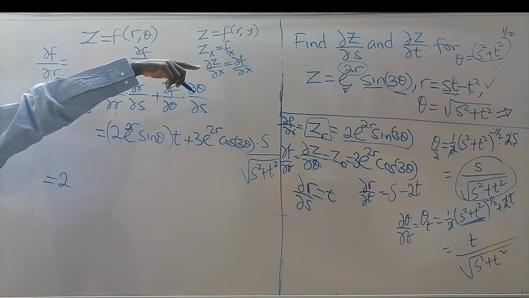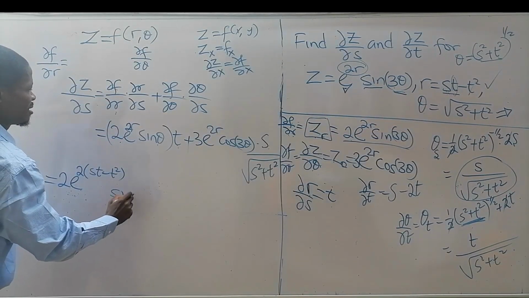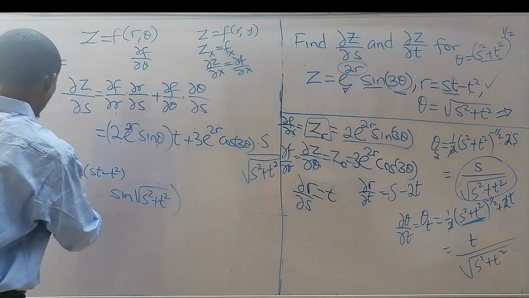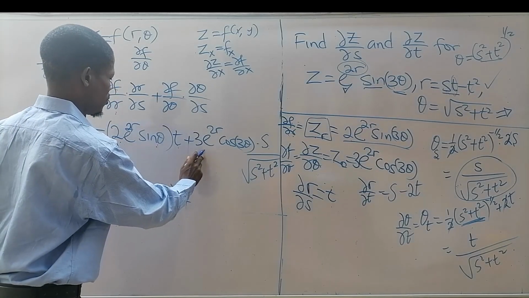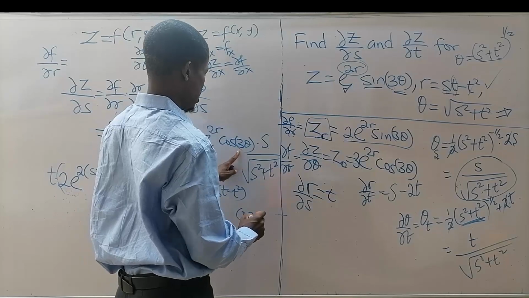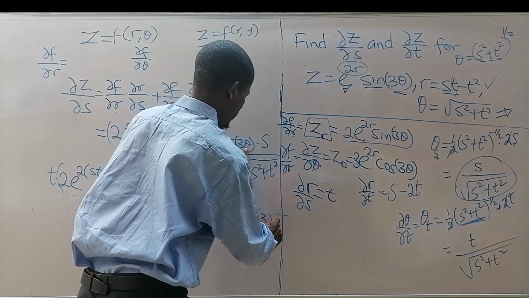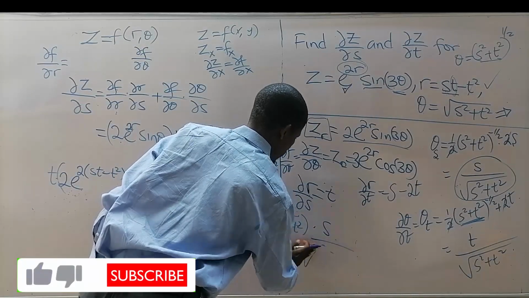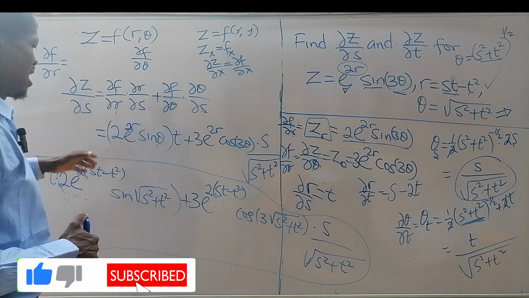We have a value for that, which is this, and then sine theta also has a value which is this, and then times t. Then plus here also in cos 3 theta, theta is this times over this. So that's that on the del z del x.